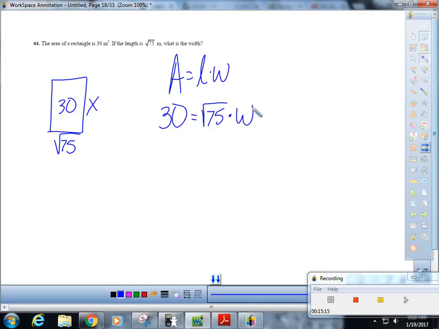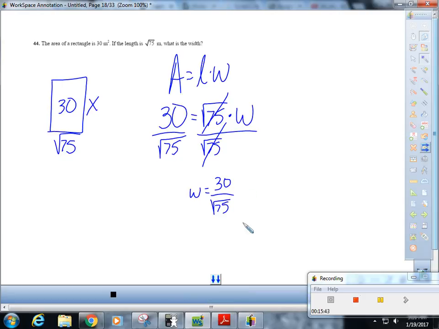What's being done to the W? It's being multiplied. How do you get rid of multiplication? Divide. And so now you see why this question is in today's lesson. Now we have to simplify this. So W equals 30 over radical 75.